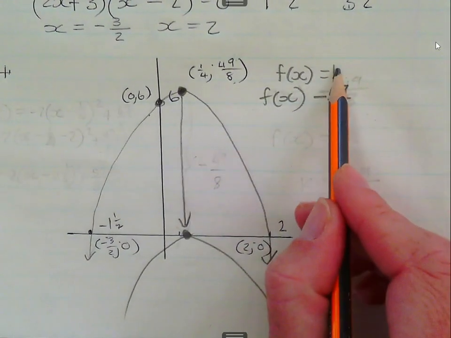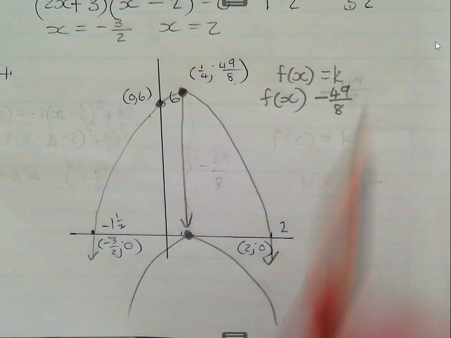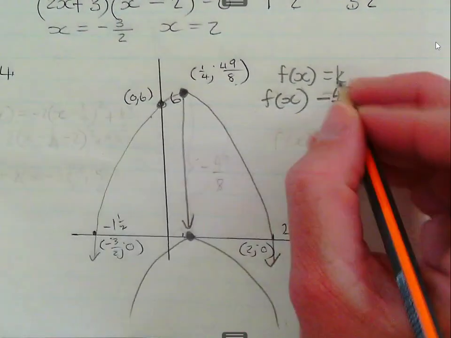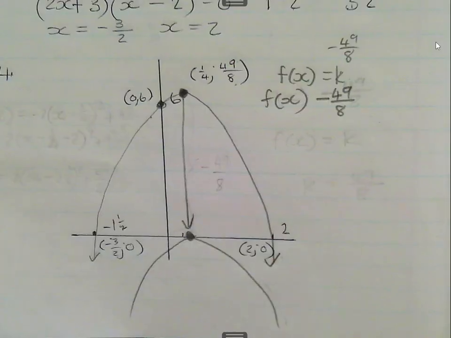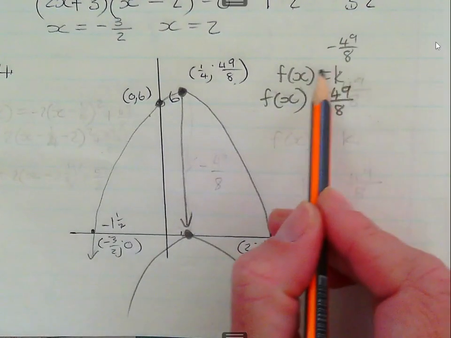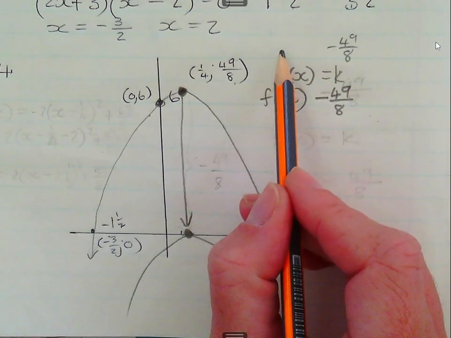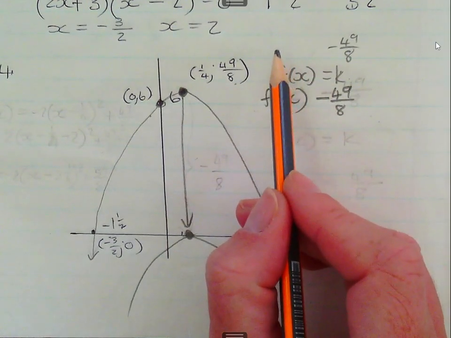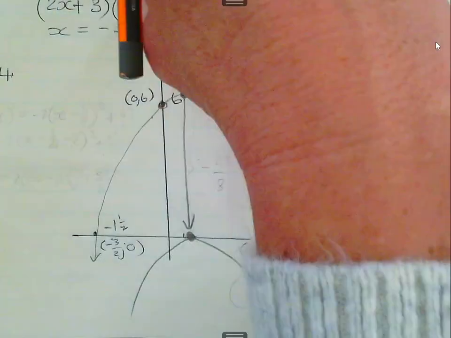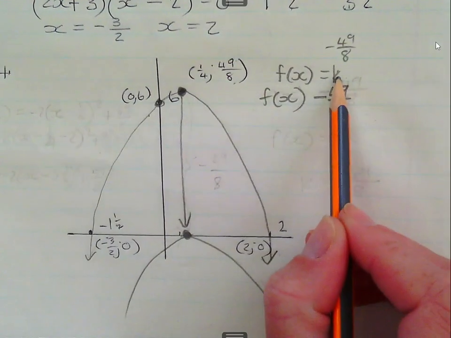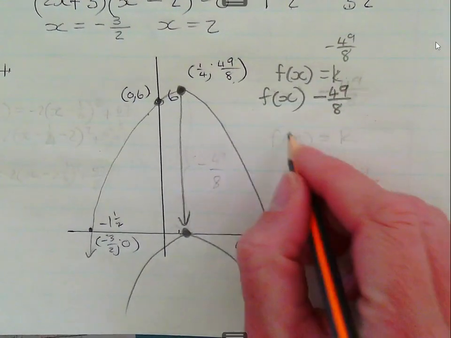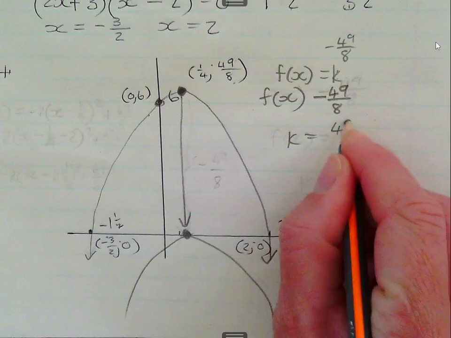It's supposed to be on the other side of the equal sign. So if k must be minus 49 over 8 and it goes to f of x, it's going to become plus 49 over 8, and that means this graph is going to move up more. Do you see the problem there? So you have to look at where k is. Because k is on that side, I'm going to say k must be 49 over 8.